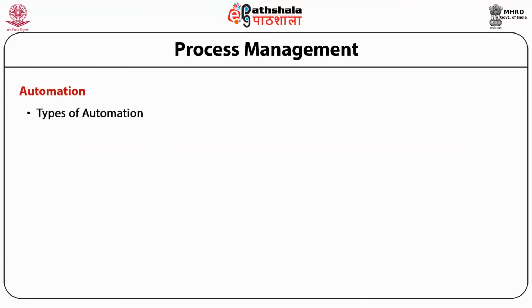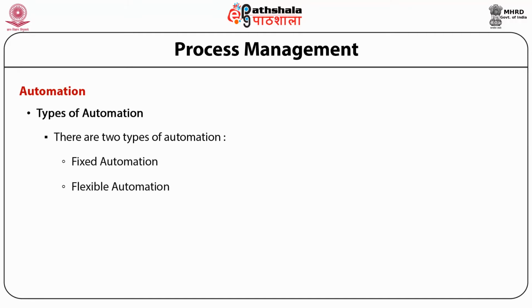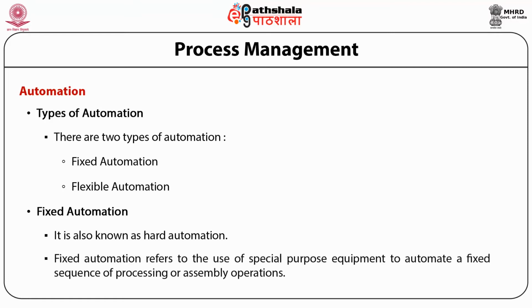Types of automation. There are two types of automation: fixed automation and flexible automation. Fixed automation, also known as hard automation, is designed to perform a specific, highly repetitive task. It refers to the use of special purpose equipment to automate a fixed sequence of processing or assembling operations.